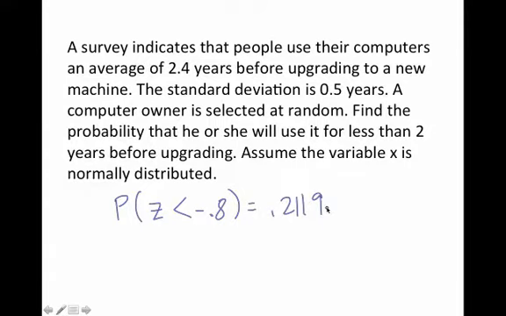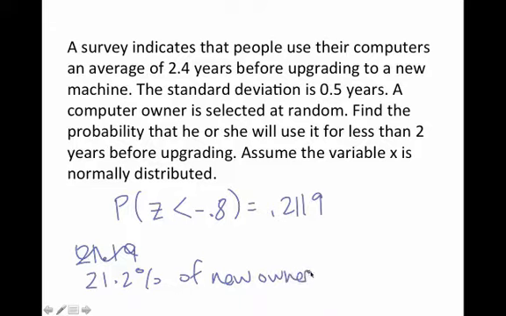So the probability that the computer will be upgraded in less than 2 years is 0.2119, or we can think of it as a percentage, 21.19%. So let me just write that as a sentence. Oh, I should do it to 3 sig figs, so 21.2% of new owners will upgrade in less than 2 years.